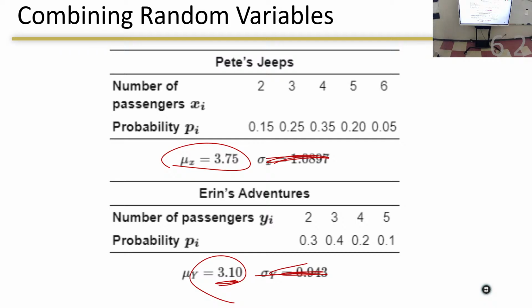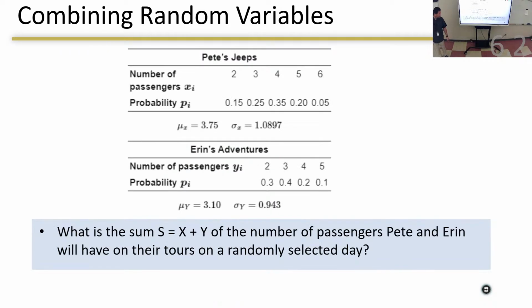The question is, what is the sum of the random number of passengers that Pete and Erin will have on their tours on a randomly selected day? The sum is equal to the mean of Pete plus the mean of Erin. I would probably use E and P. I would go down here to 3.75 plus 3.10.